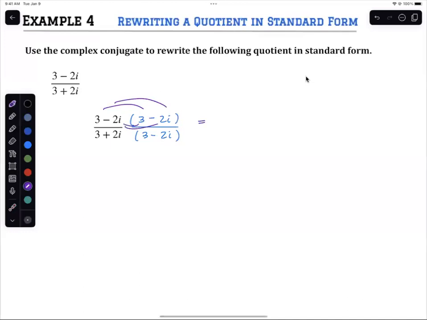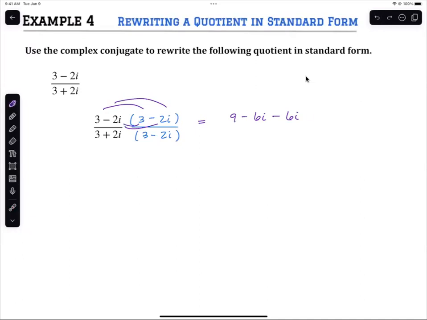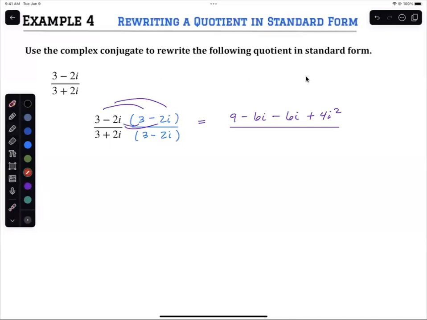we're going to get 9 minus 6i minus 6i plus 4i squared. Plus 4i squared. On the bottom, we're going to get 9 minus 6i plus 6i minus 4i squared, where these cancel.